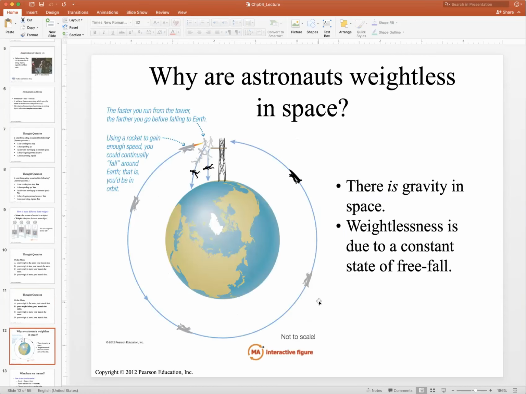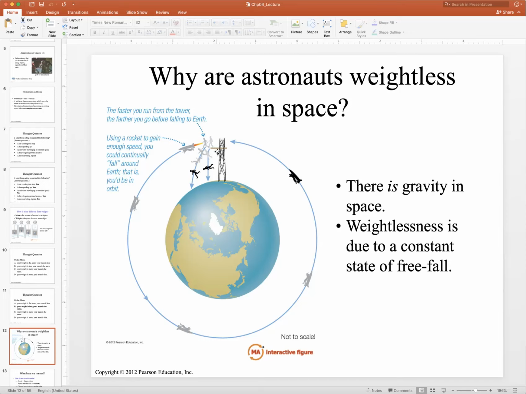Why are astronauts weightless in space? There is gravity there, right? But where does the weightlessness come from? Let's say you're standing on top of a very long tower, and you jump, and you're also moving with some speed.